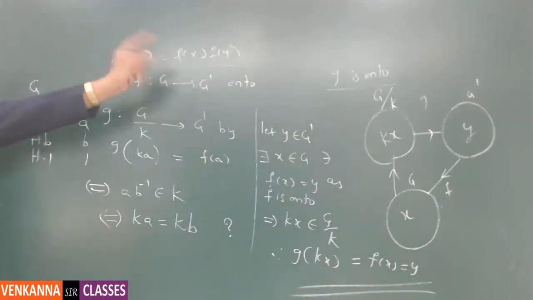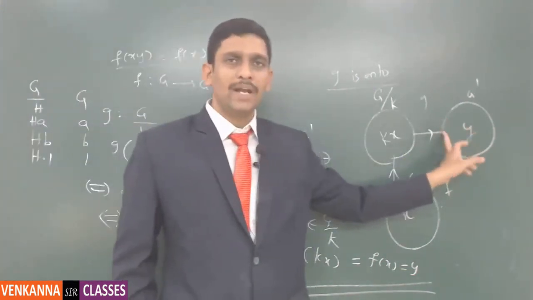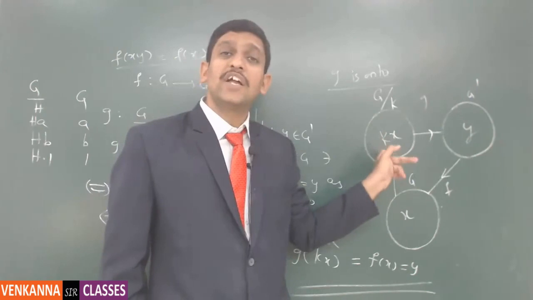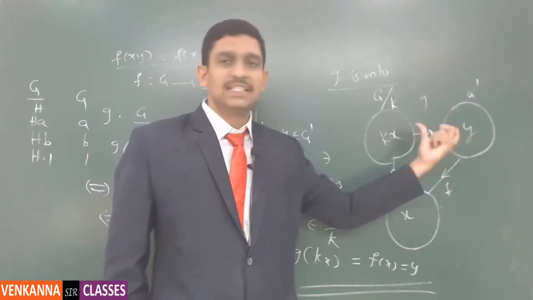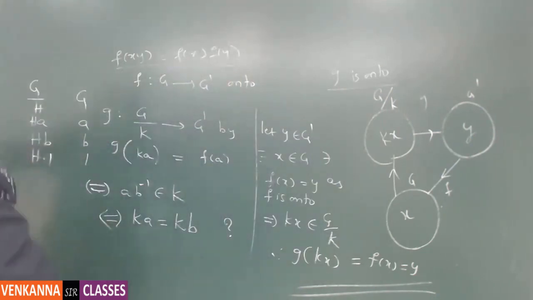Therefore, the function is onto. So for every element in the codomain, I will get a quotient in the domain such that G of kx is equal to y, therefore G is an onto function. So in this theorem, onto is somewhat interesting and typical to get the idea. But I hope that diagram will help you to understand.